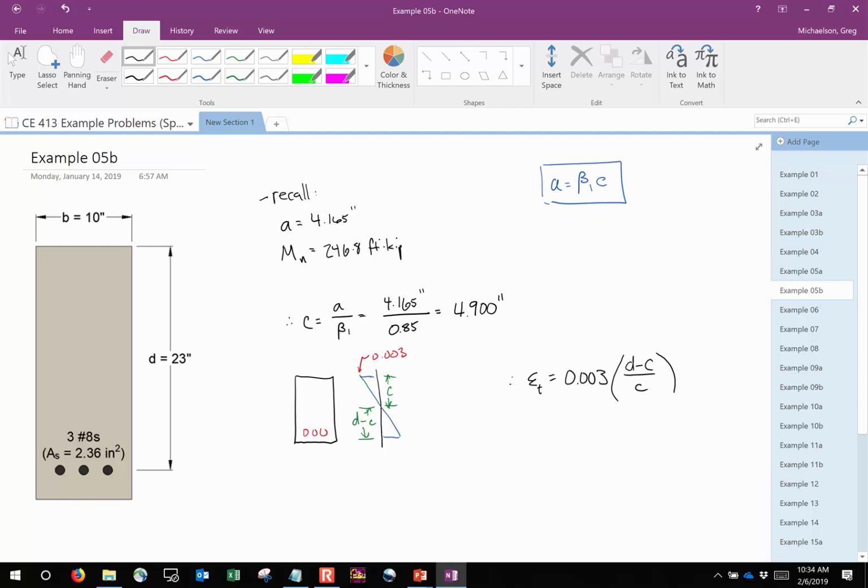Remember, 0.003 is to C as whatever that strain value at the bottom is to D minus C. So epsilon sub T is 0.003 times 23 inches over 4.9.